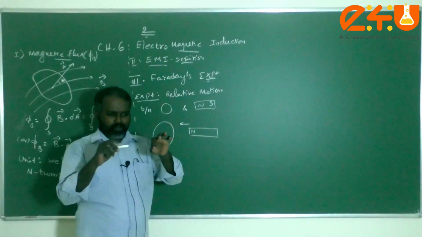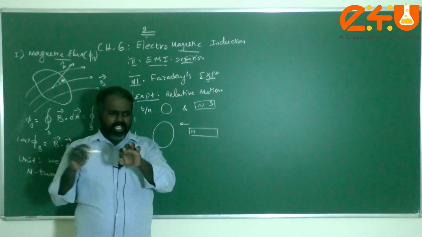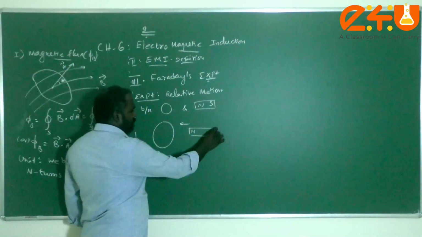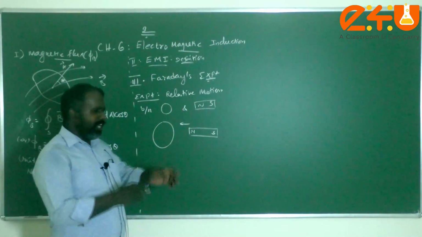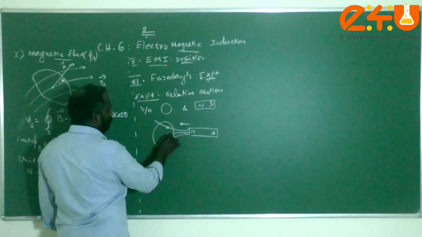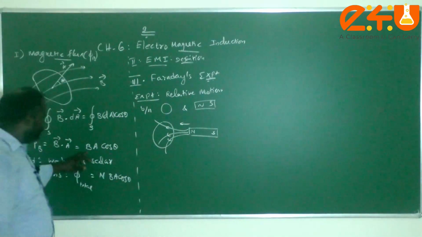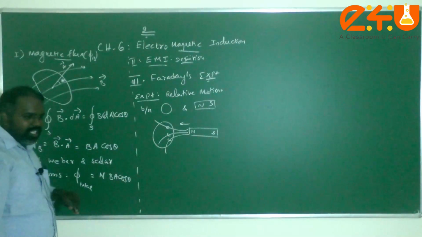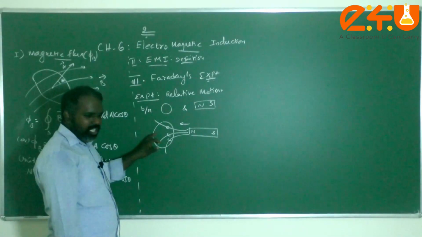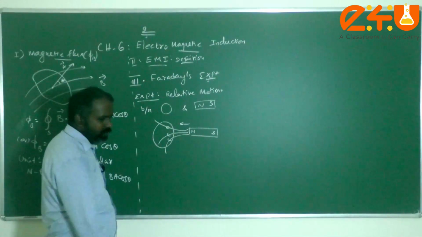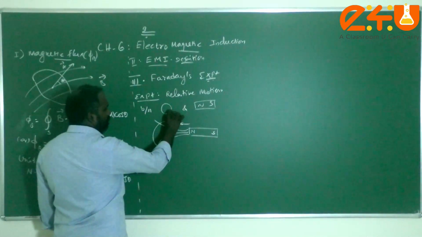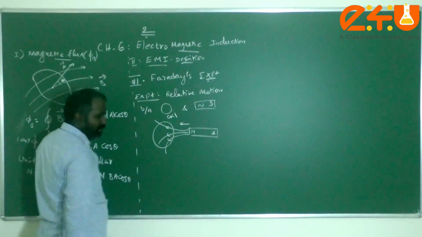Whenever there is relative motion between the coil and the magnet, the magnetic field lines passing through the coil change. Due to that change in magnetic field, the flux value also changes. This results in an induced EMF or current in the closed circuit. That is the first experiment, based on relative motion between the coil and the bar magnet.